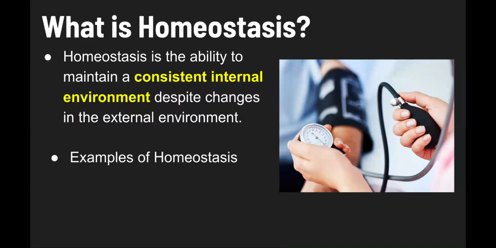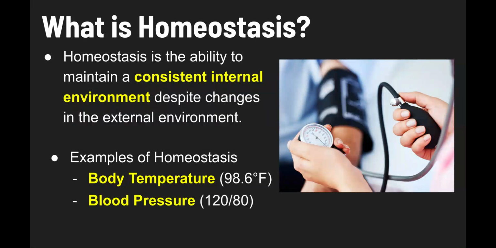Examples of homeostasis would be your body temperature. When you go to the doctor and they check your temperature, you're supposed to be pretty close to 98.6 degrees Fahrenheit. That's supposed to be the consistent internal environment with respect to your body temperature. Okay, blood pressure. This is another one.